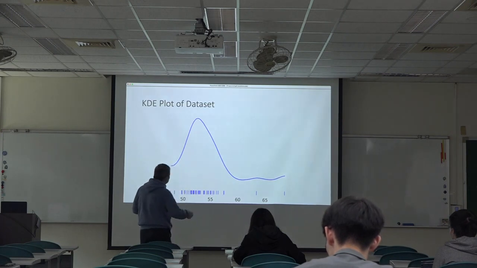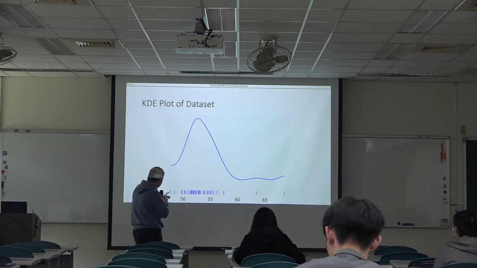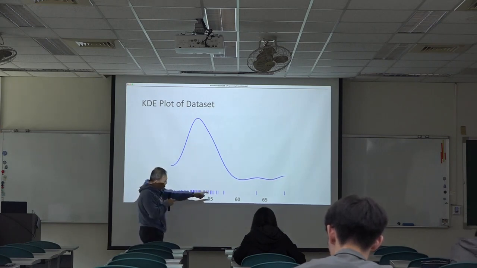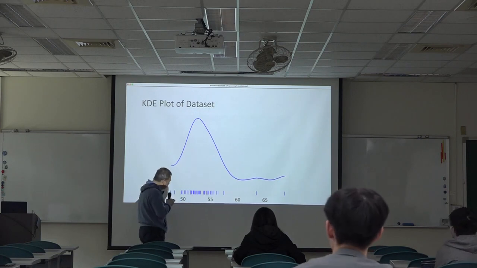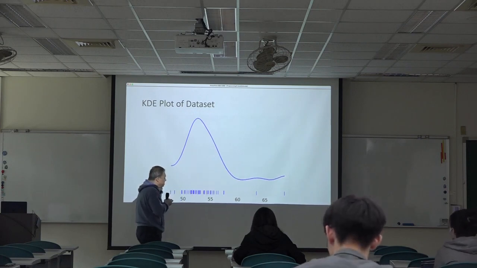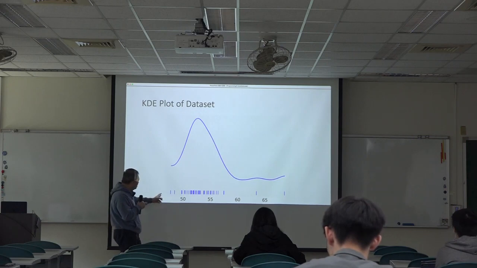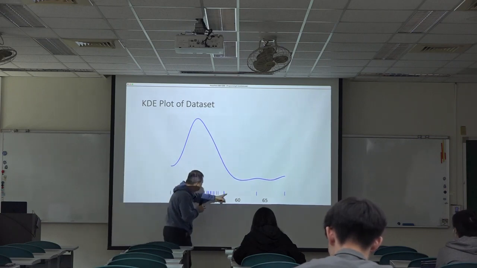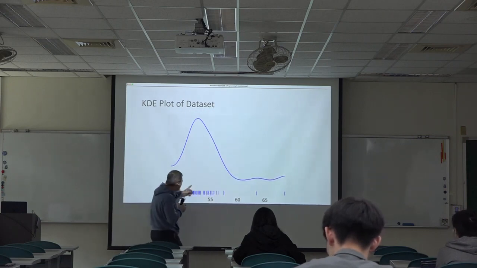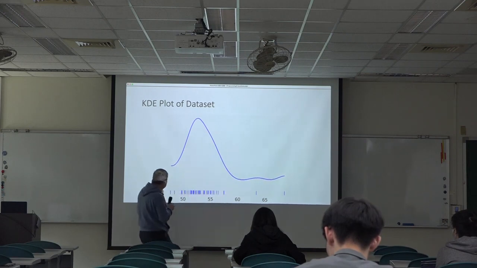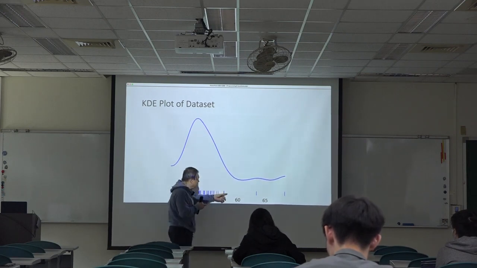Again, this is the kernel function, and the lower part indicates the values of these 48 samples. Obviously, you can see that in this area the samples are more concentrated, right?